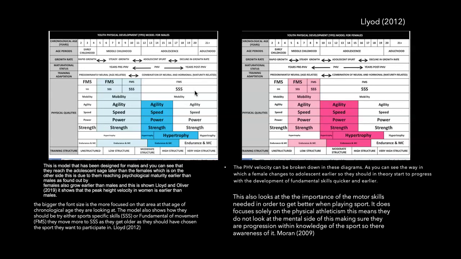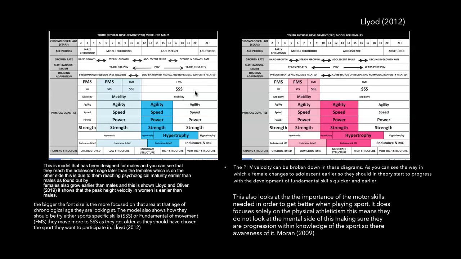So as you can see, the bigger the font size is where Lloyd believes you should be working on or focusing on more at that point in time. As they get to the age of adolescence, they need to be working on agility and speed a lot more than they do later on.